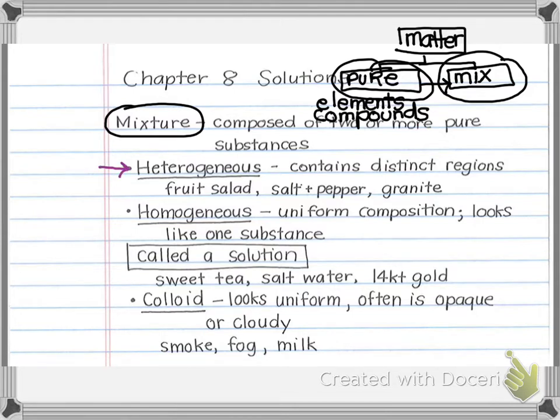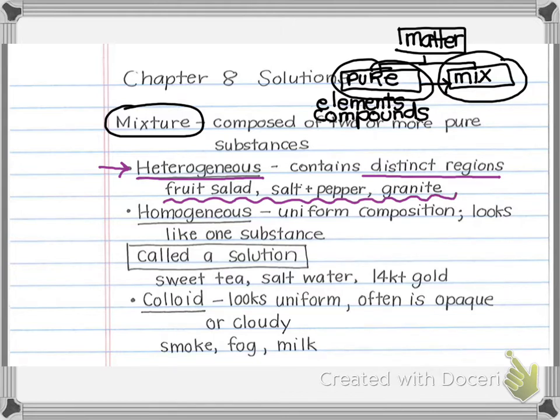So there's something that's heterogeneous. And like its name implies, you're going to be able to see the different parts of the mixture. So this contains what we would say are distinct regions. Look at the examples, and I tend to do a lot of food with this. Things like fruit salad: you can still see the different fruits that it's made of.